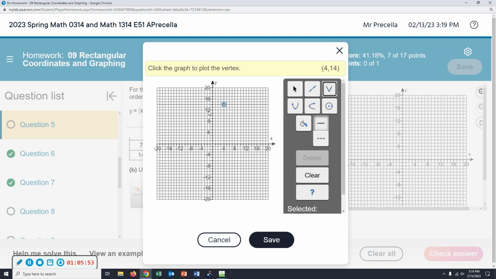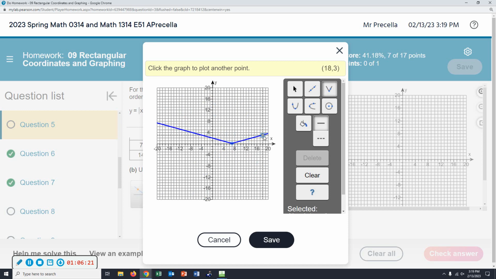Oh, wow. A lot of little rectangles here. Let me see. Oh, am I at 7, 0? Yeah. Once you plot that vertex, you move your cursor around and it'll show you every little V shape that has 7, 0 as the vertex.